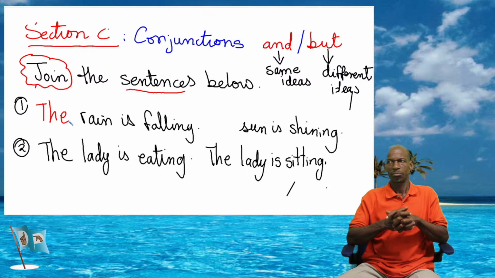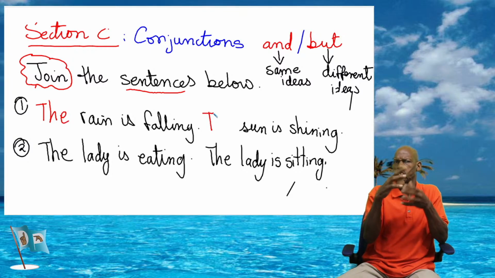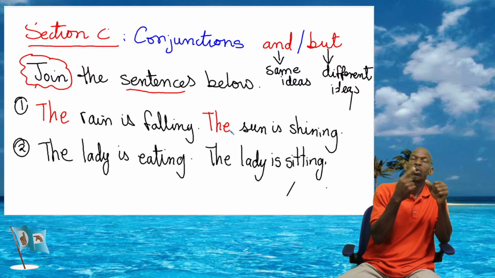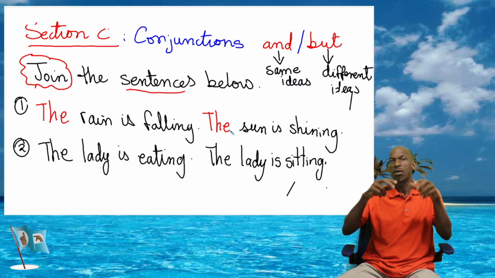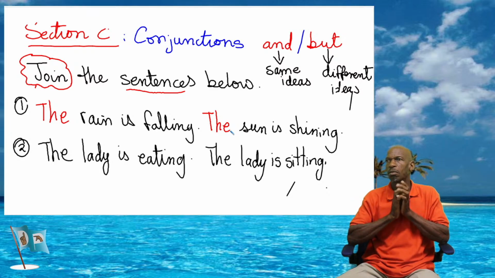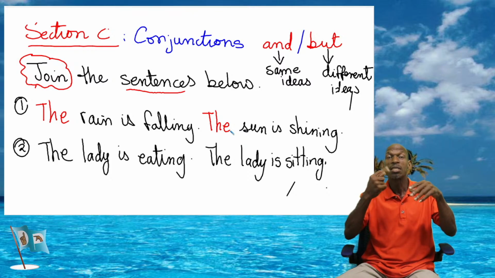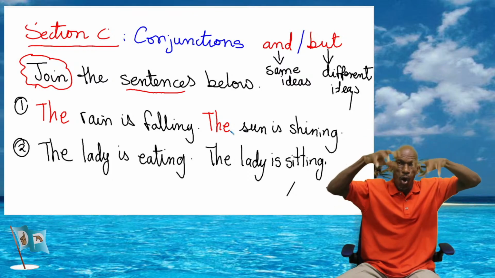The rain is falling. The sun is shining. Now I'm asking the interpreter, don't sign it, but he has to sign something. So you are joining these two sentences in number one, but you have to look at the idea.